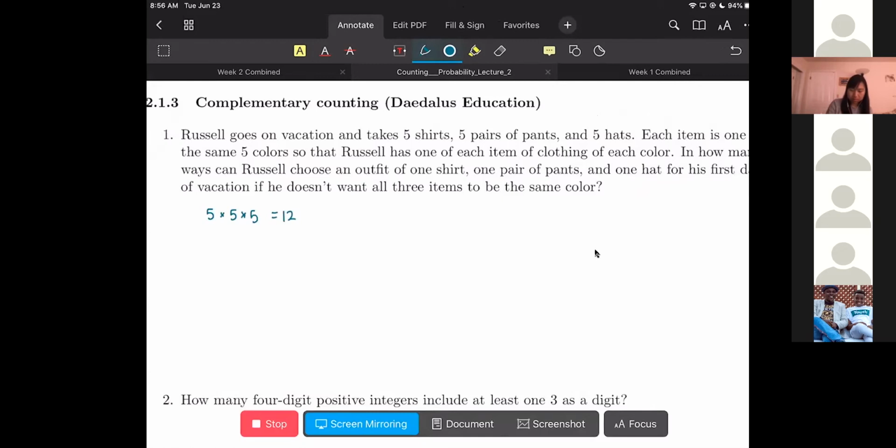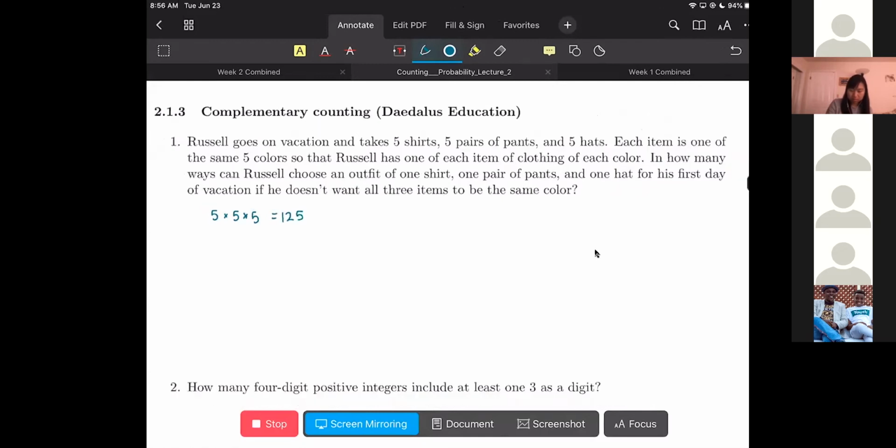So there are 5 different ways he can pair them so that each of them are matching the same color, and subtract it from our total 125 to get 120 ways you can make an outfit without the same color.